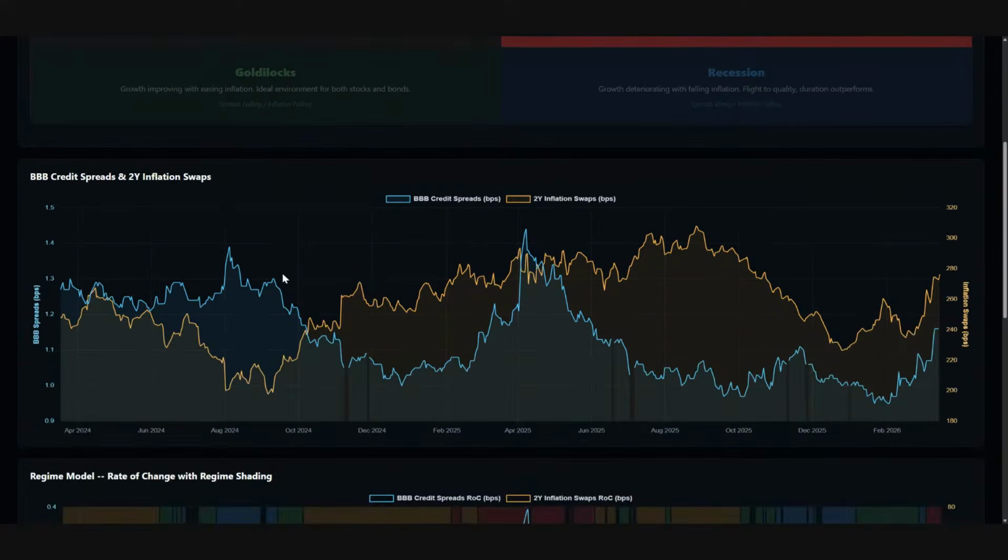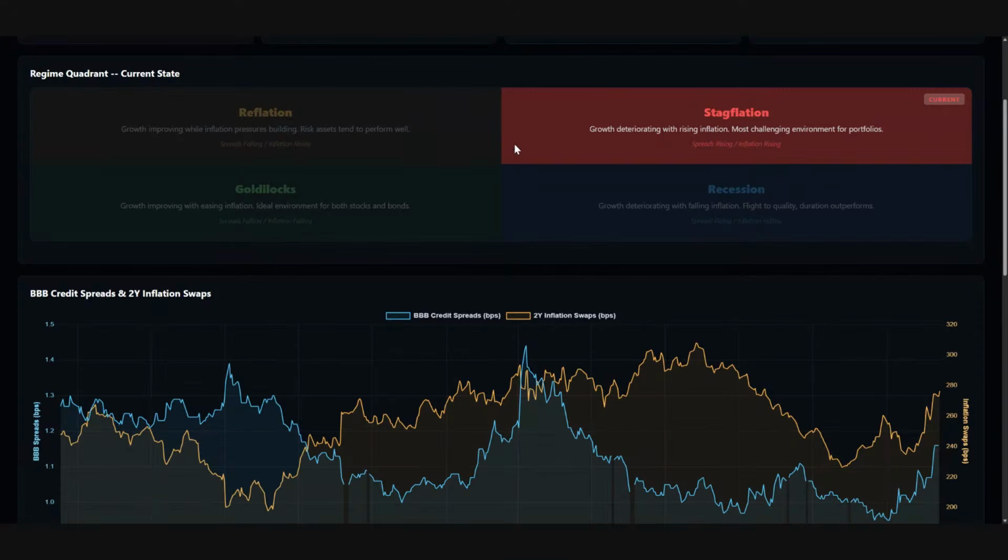That happened, for example, during a couple different periods of time, like right here when we have credit spreads fall, and this entire period of 2025 that we were talking about last year when inflation expectations were falling and credit spreads were falling at the same time. Right here was one of the reasons I was so aggressively long during that time. And that's really key to identify.